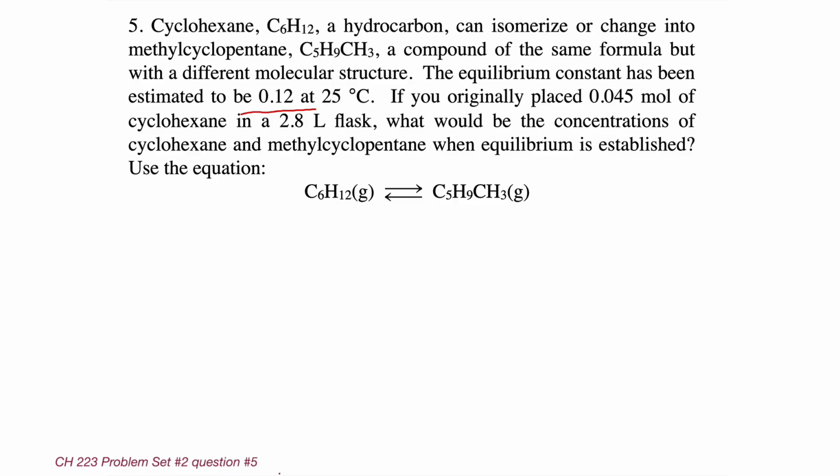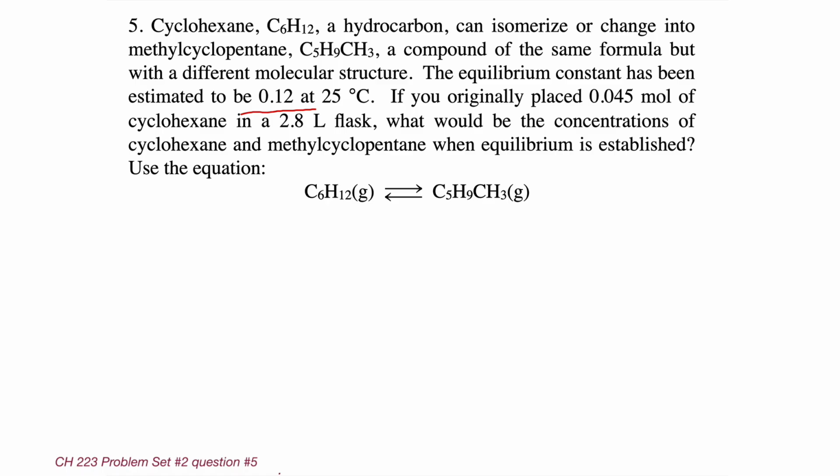So we originally placed 0.045 moles in a 2.8 liter flask, and stop right there. We're going to figure out molarity in a little bit, moles over liter, and that's going to be the initial amount of cyclohexane. But continuing on, after we get through the initial cyclohexane, it wants to know the concentrations of cyclohexane and methyl cyclopentane once you get to equilibrium.